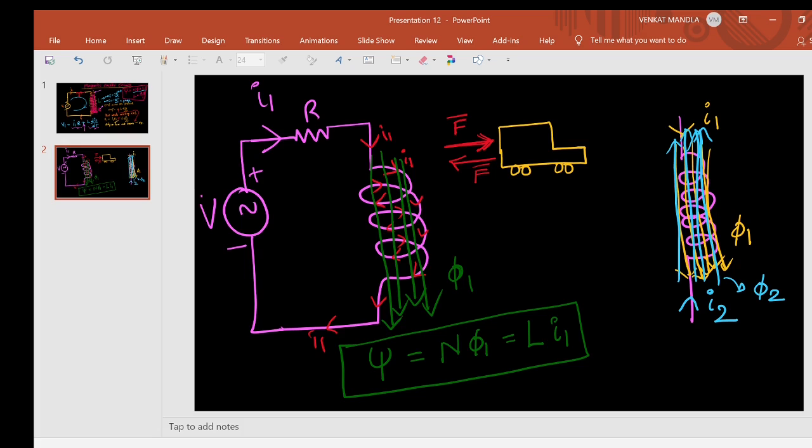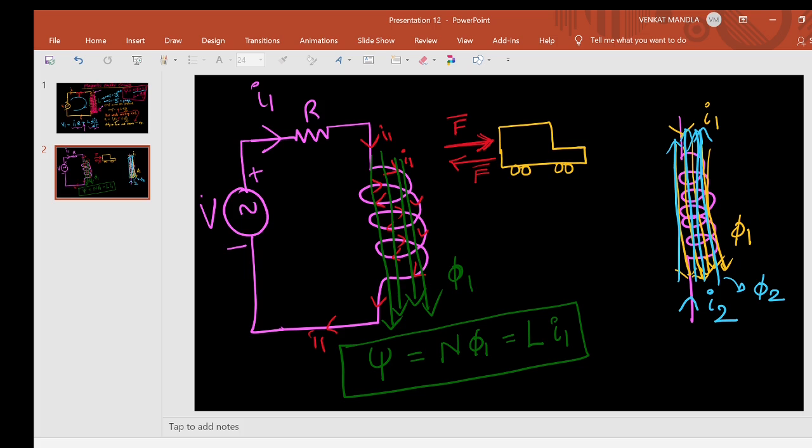Initially, we haven't applied any current to the inductor. Suddenly, we applied I1 current. But this sudden change, the inductor will not allow. In order to oppose this flux pi 1, it will produce some pi 2 in the opposite direction, equal in magnitude but exactly opposite in direction.